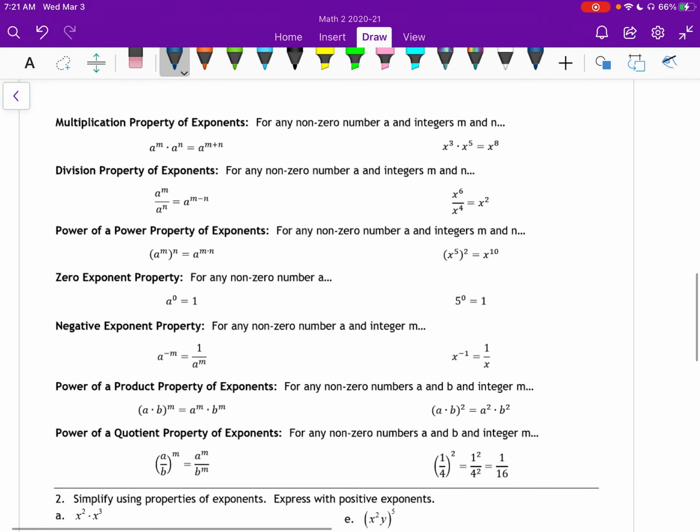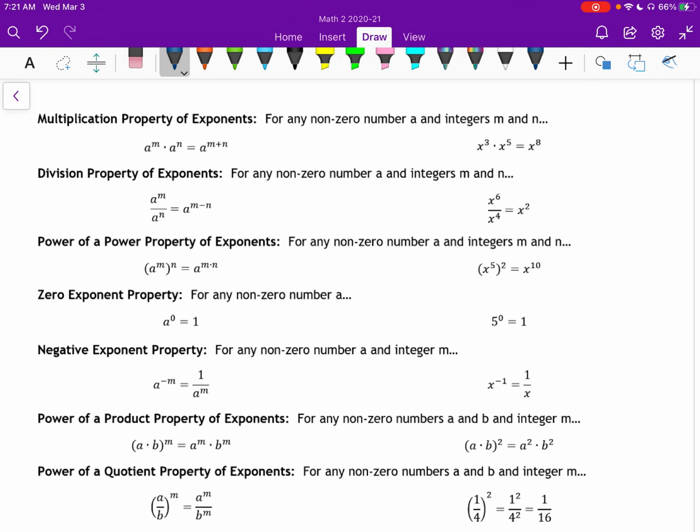All right, second page. Now we have exponent rules. So over here we have the fancy wording of it. And then this piece here is actually going to be the piece that you really want to look at. And over on the right, I have an example of what it would be in a real problem.